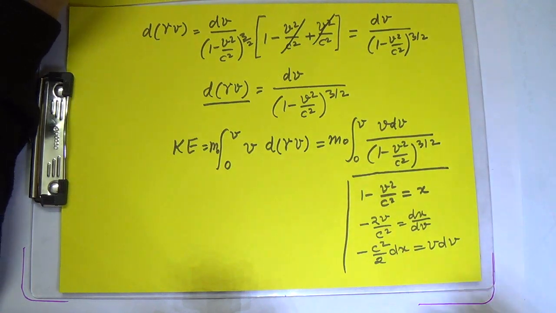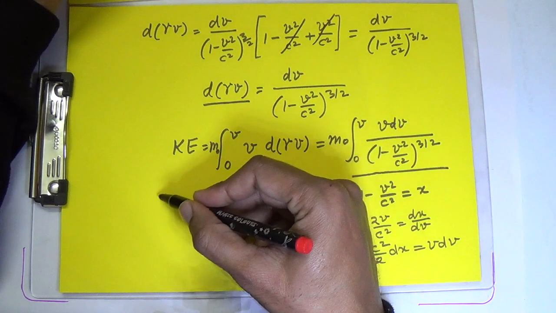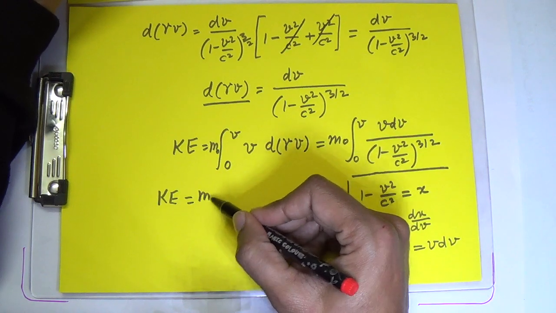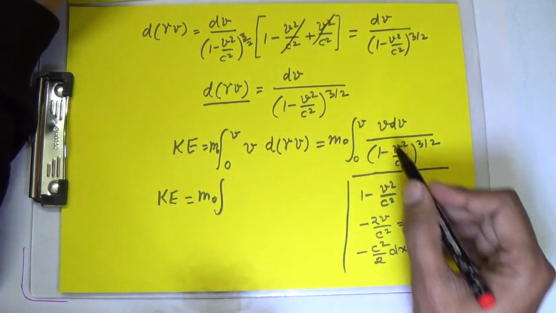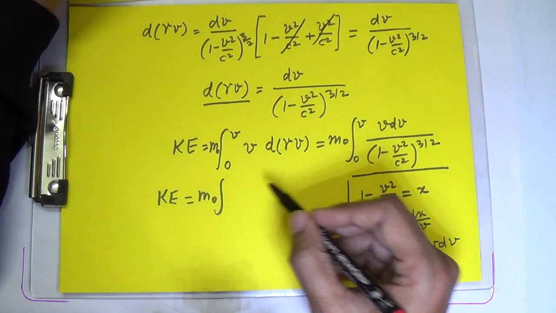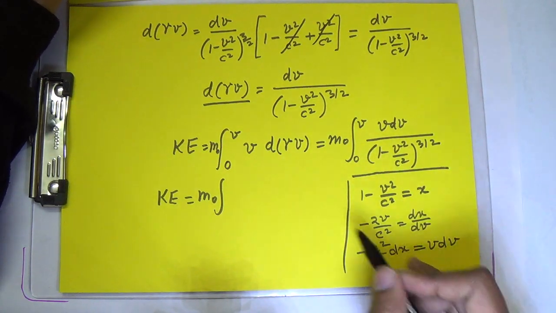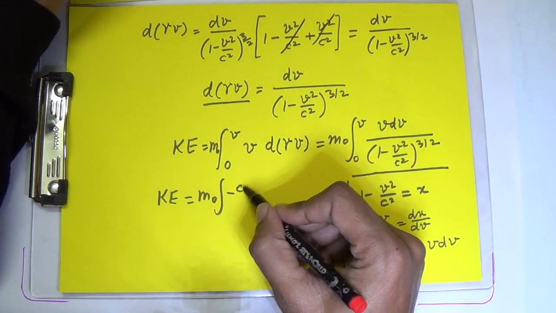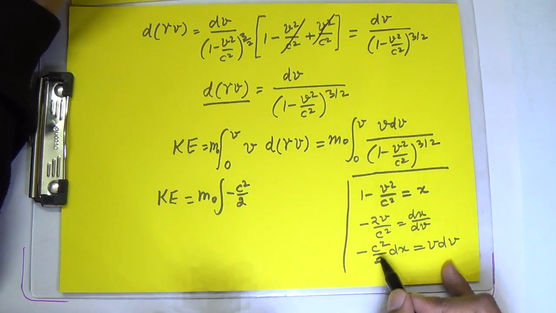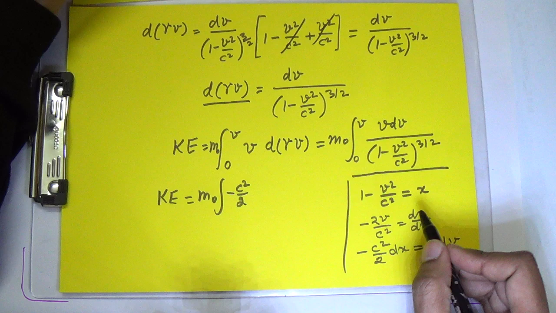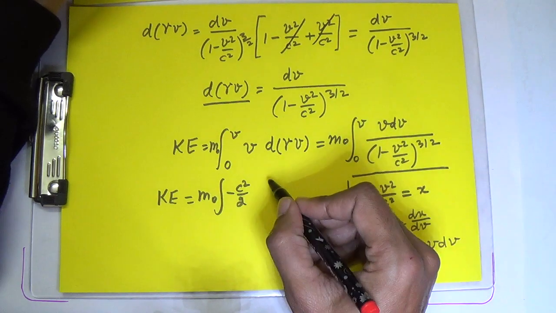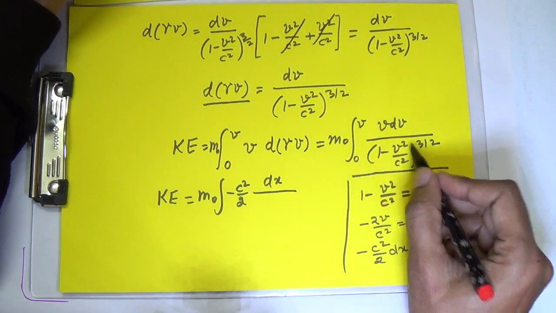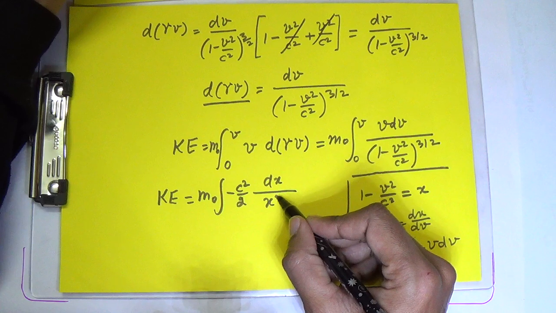So I am writing here kinetic energy, that is equal to m naught, and in this integration, instead of v dv I am writing minus c square upon 2 dx upon x to the power 3 by 2.